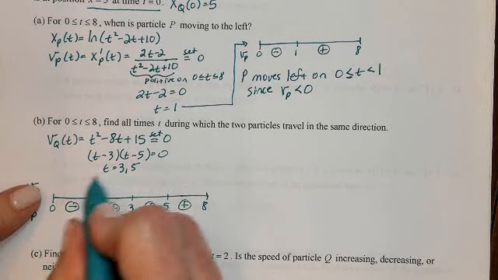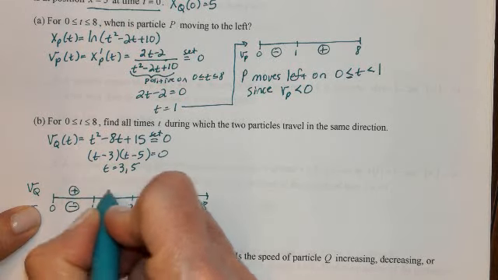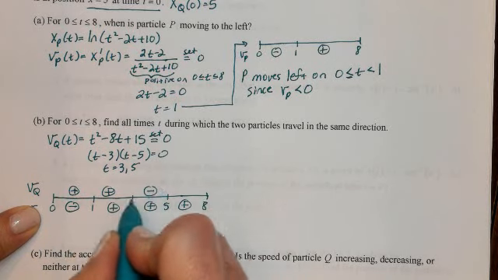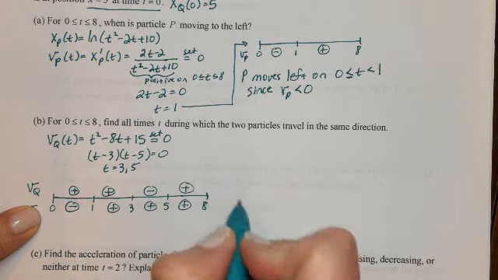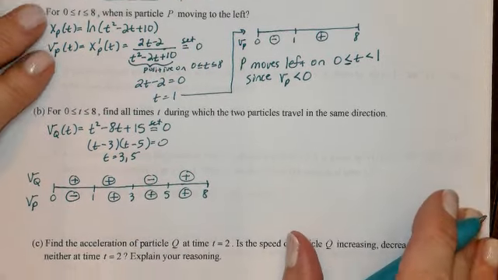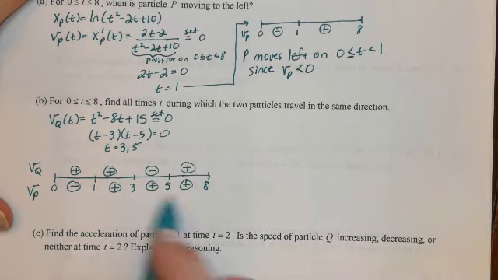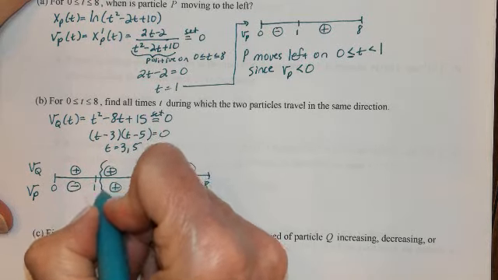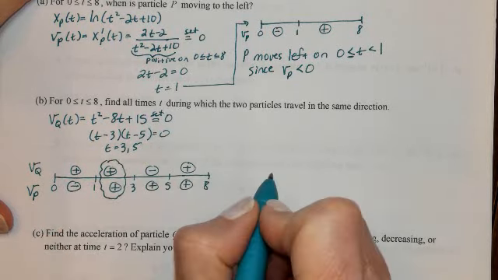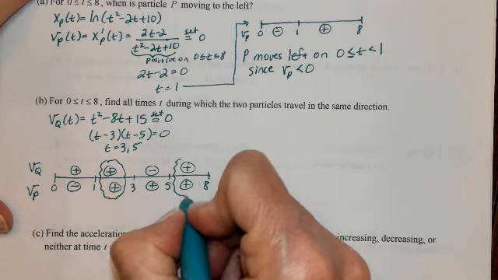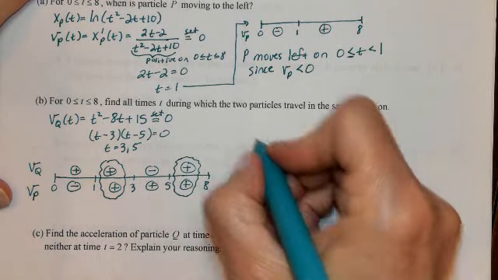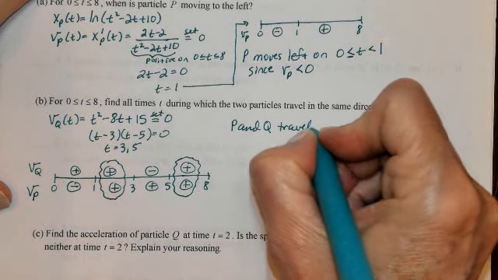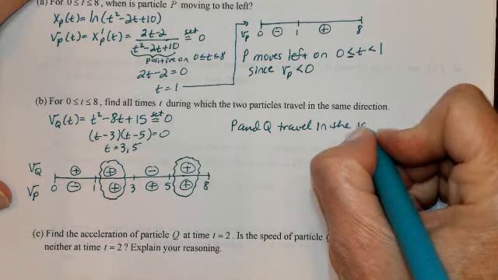So less than 3 will be a positive for Q. And then it's going to alternate signs. So there'll be a negative till 5, and then a positive after 5. So the particles travel in the same direction where they have the same sign velocities, right? So from 1 to 3, the particles will travel in the same direction, and then again from 5 to 8 they travel in the same direction. So P and Q travel in the same direction.